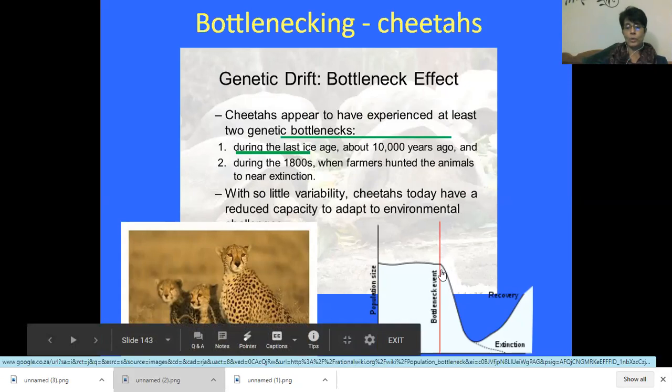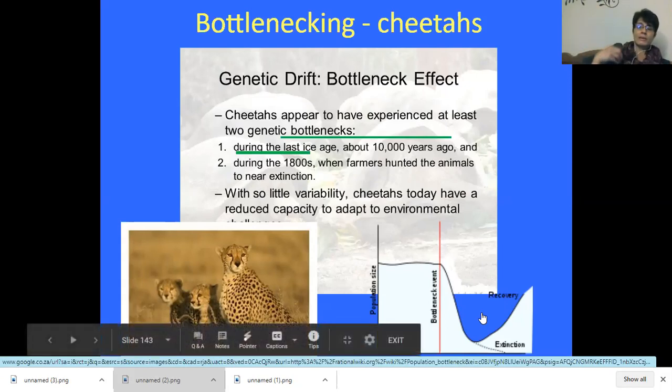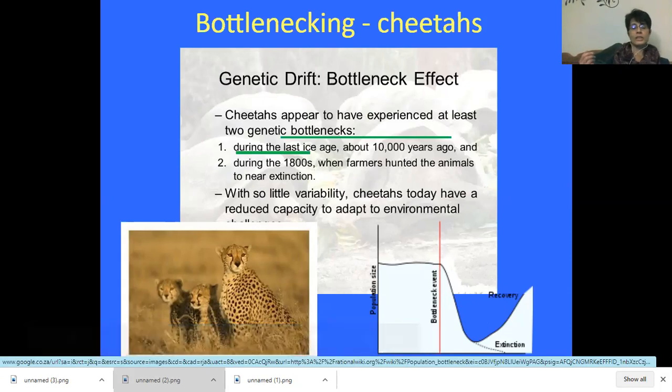This is just showing one bottleneck event, and it should have led to the extinction of cheetahs, but now we've got lots of breeding programs and hybridization or outbreeding, bringing in cheetahs from other national parks or artificially inseminating cheetahs with sperm from cheetahs of another national park. So the amount of variation is increasing again.